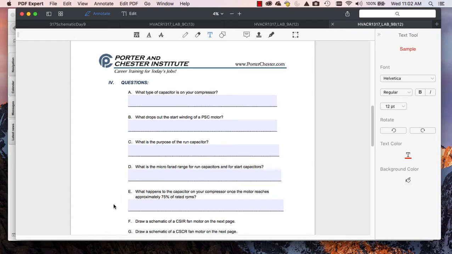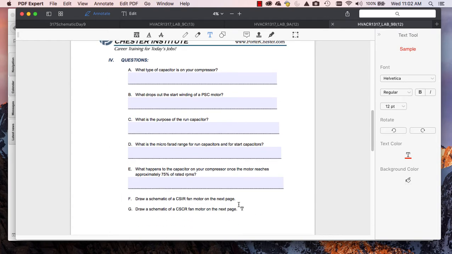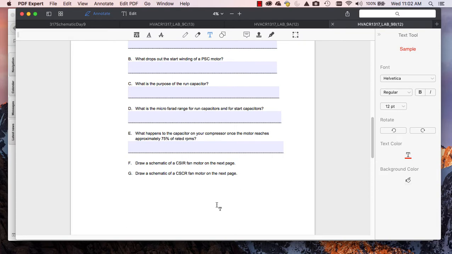Okay, we're asking you to draw a schematic of a CSIR fan motor. In yesterday's schematic of the day, you actually did one of these. CSIR, capacitor start induction run. It has to have a start component. Draw a schematic of a CSCR motor on the next page. CSCR will have two capacitors, one a start capacitor that's taken out of the circuit, and one a run capacitor.